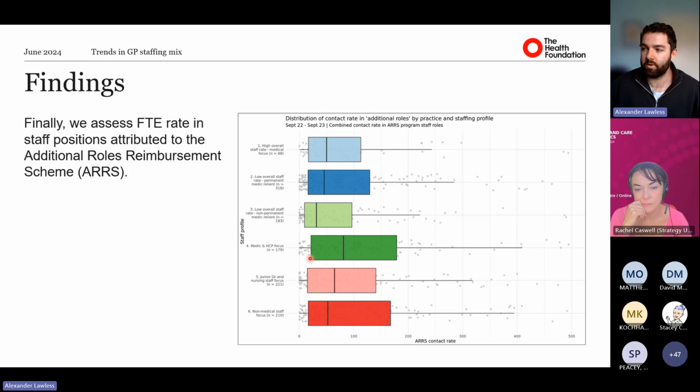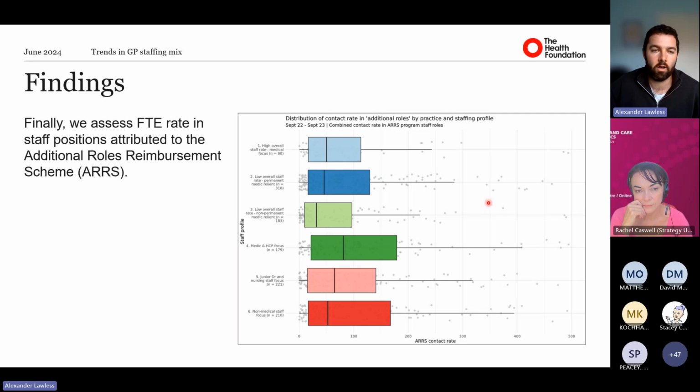As you might expect, the staff profiles that prioritise non-medical staff are more likely to be utilising the additional role members of staff. The two are correlated in that sense, so it's not a huge groundbreaking finding that the three profiles that are more prominently employing non-medical staff are also going to be delivering more additional role care. But at the same time, the range of values within each profile is fairly similar.